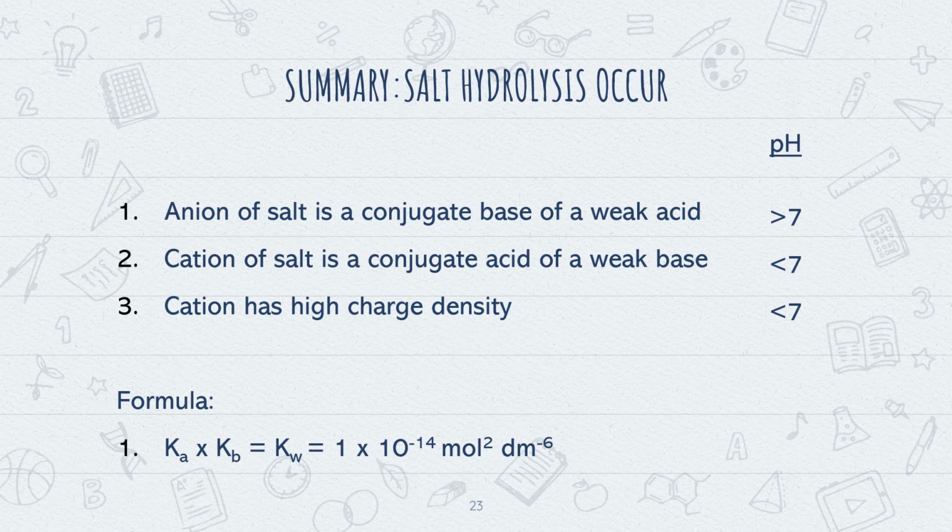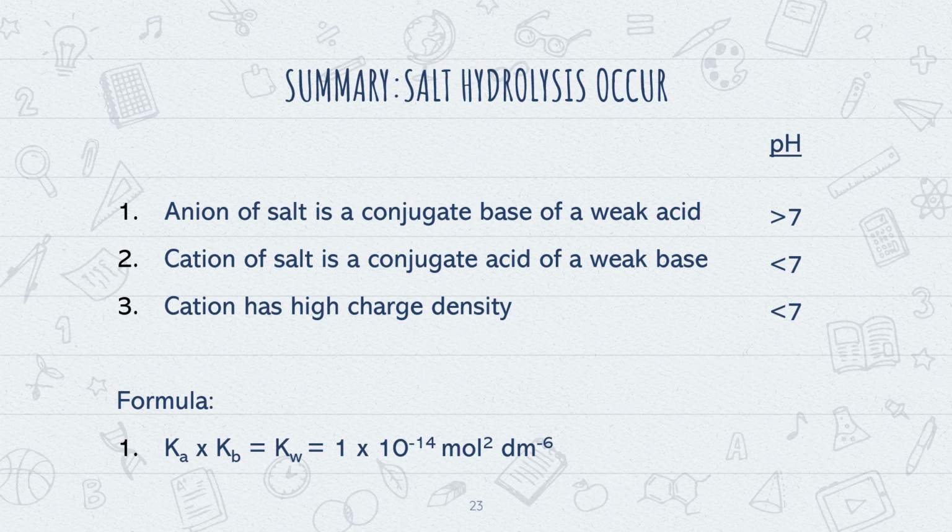And formula-wise, hopefully you know how to write a hydrolysis equilibrium equation, and from there, using the ICE table as well as the formula Ka times Kb equals Kw, which is 1 times 10^-14, you are able to calculate the exact pH of a salt solution if the question demands it.